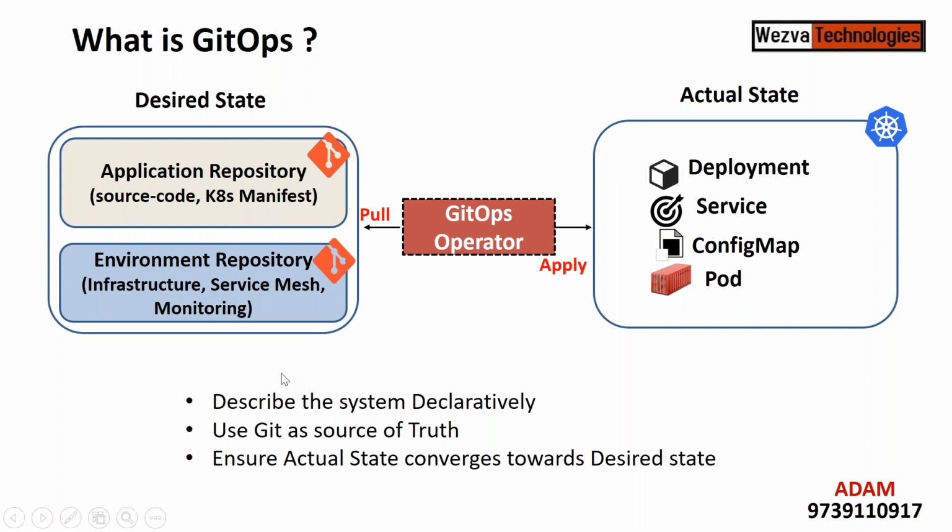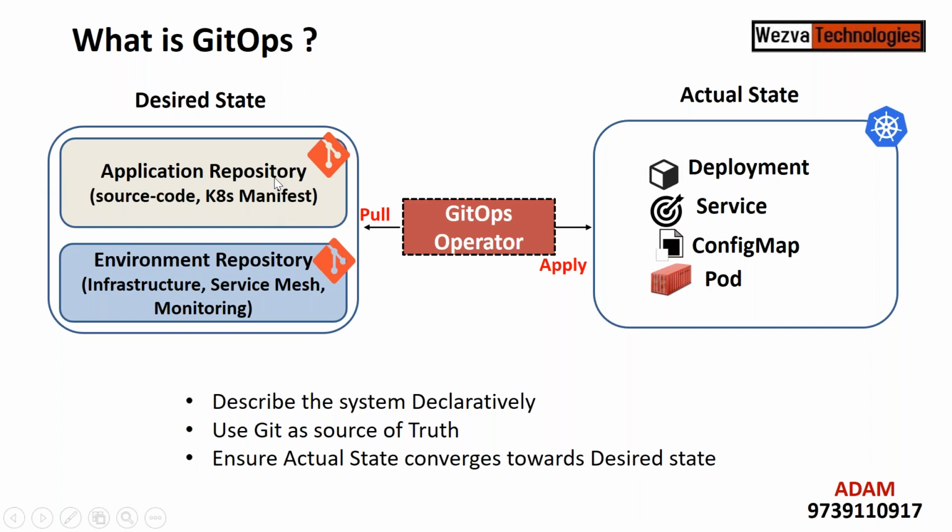Anything needed for your environment, again, you put as declarative code in the respective repository. And you tell this operator to monitor all of them. Unlike your traditional method where there is only one pipeline, now if you do a build, the build will generate a new image and you will update the manifest file.